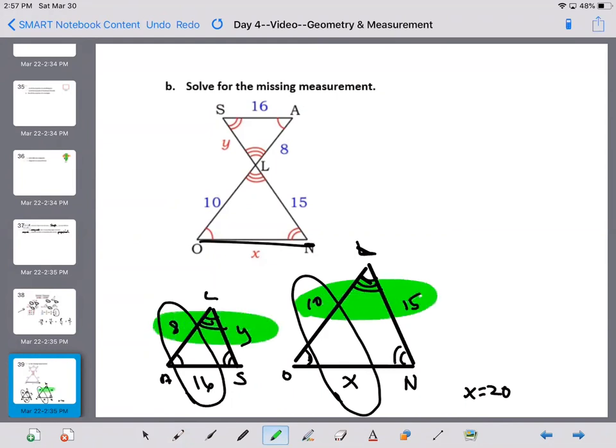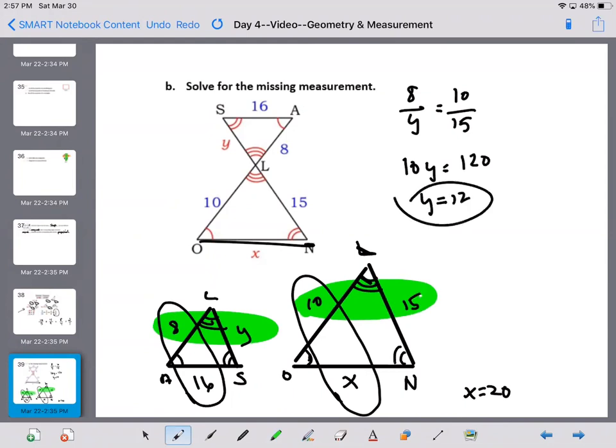Those are other 2 comparisons that you could make. If it's 8 to y and 10 to 15, then that's going to be 10y equals 120, so y again is 12. You're still going to find the same answers, just depending on how you compare things.